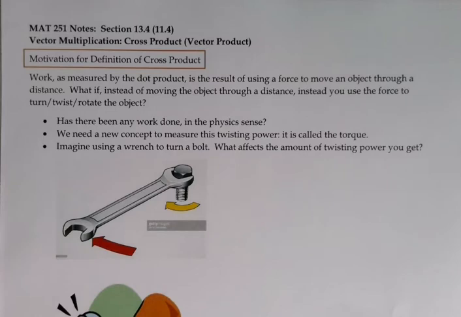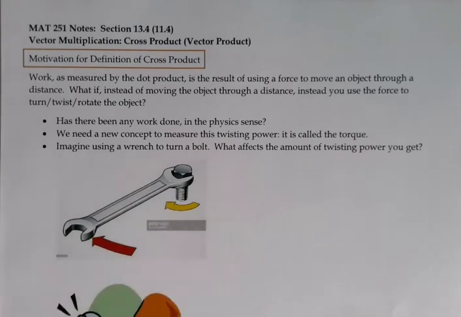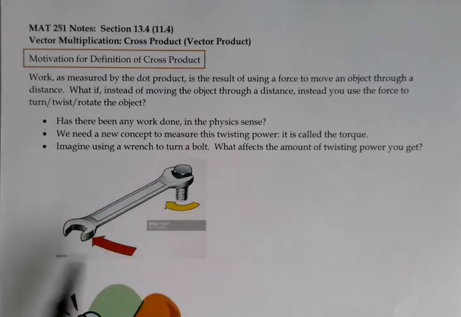Has there been any work done in the sense of physics? And the answer is actually no. Remember, work is done when a force is exerted through a distance. When we push here, we're not moving that bolt at all in the direction of the force. It's going in or out of the board, but we're not moving the bolt in the direction of the force.